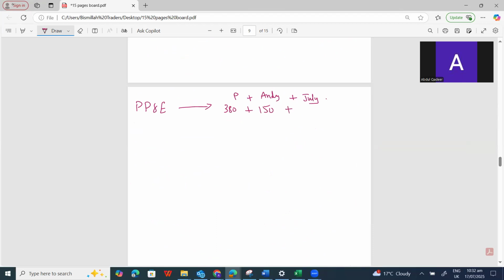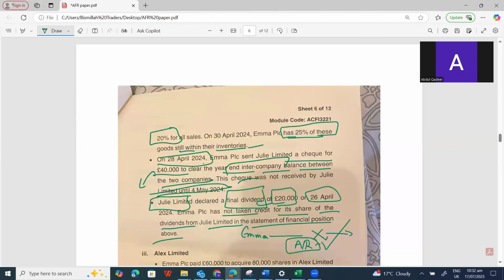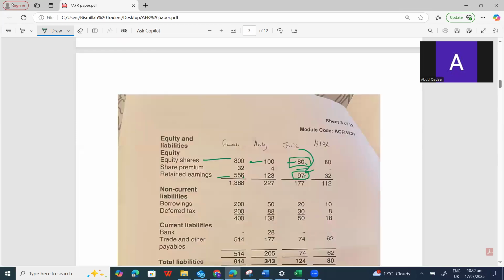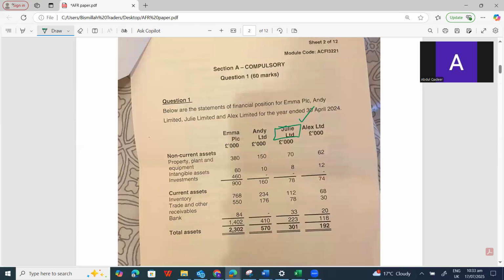Then what is for Julie? For Julie, we need to go to the individual financial statement, and go to property, plant and equipment.